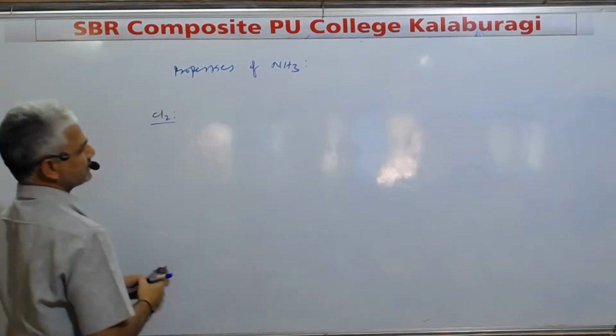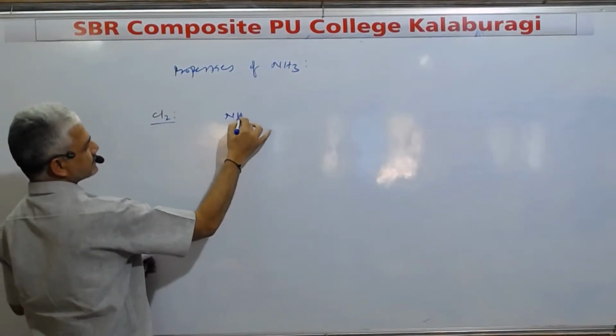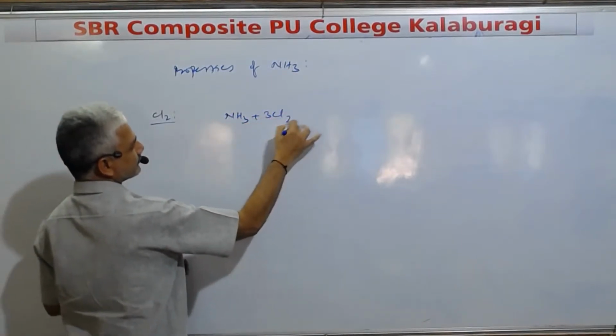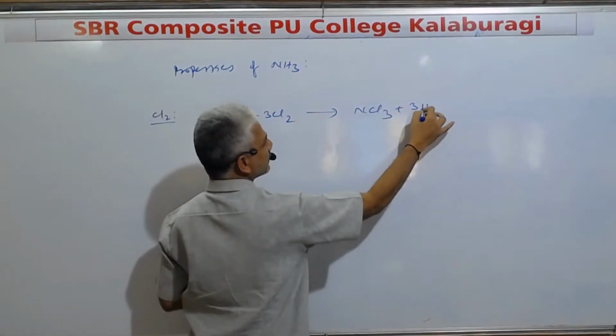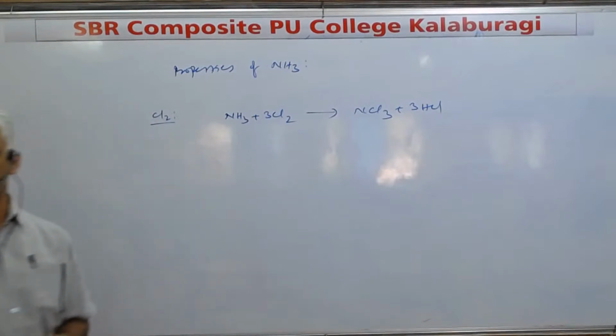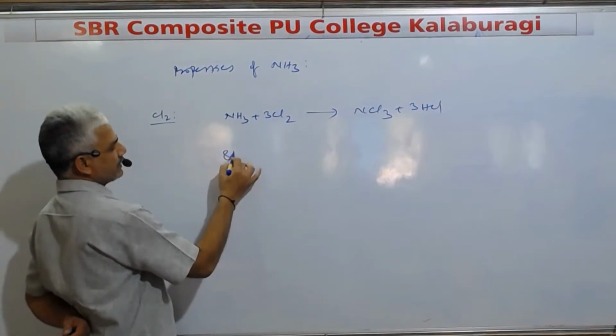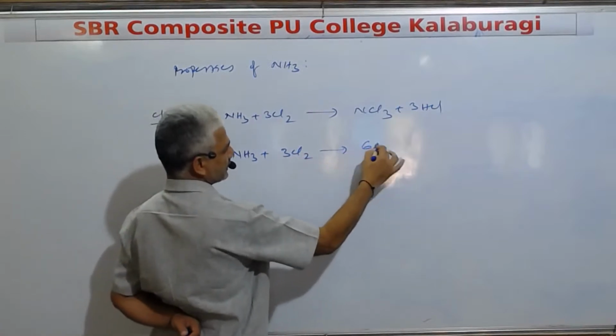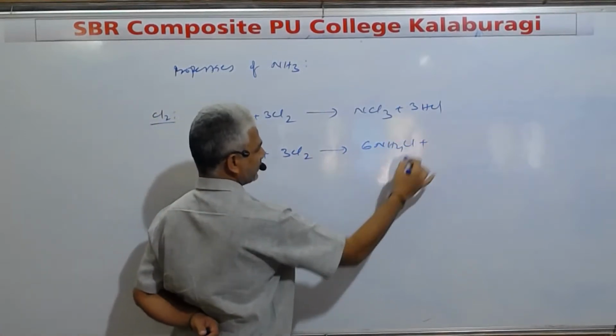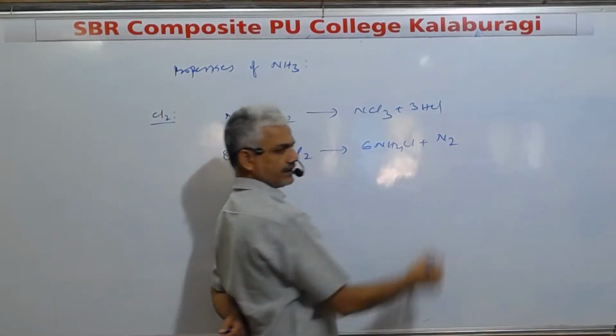If ammonia is made to react with the excess of chlorine, the products are a mixture of nitrogen trichloride and HCl. But if excess of ammonia is made to react with chlorine, products will be a mixture of ammonium chloride and nitrogen.